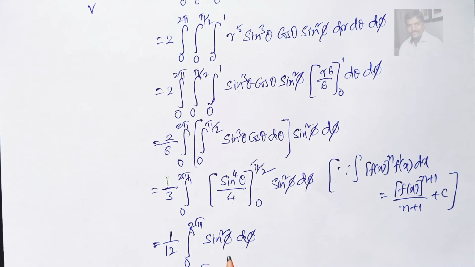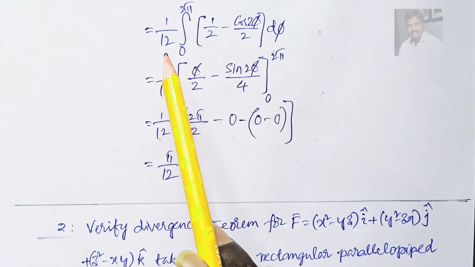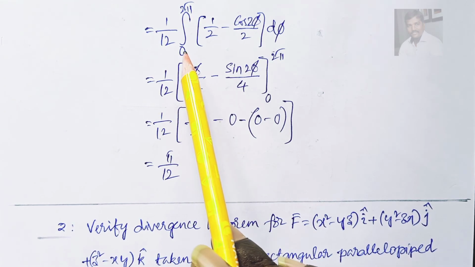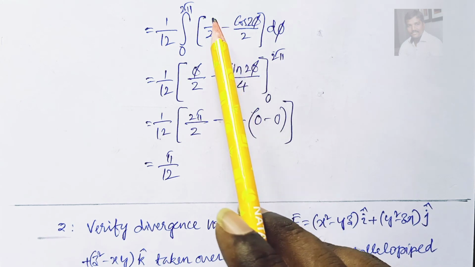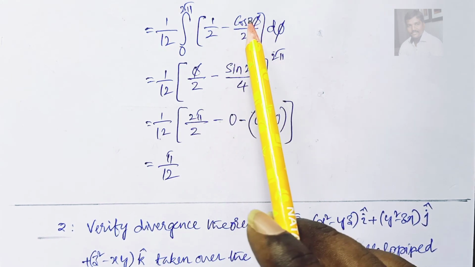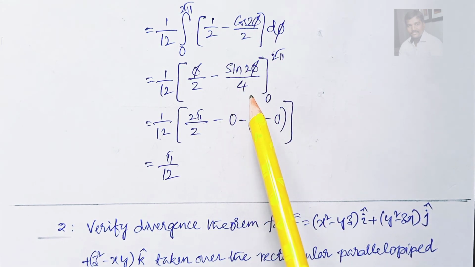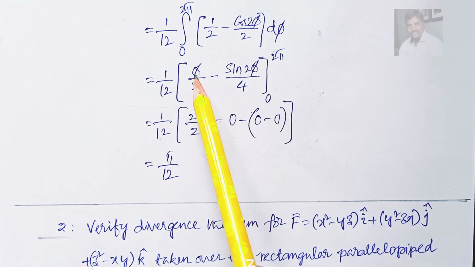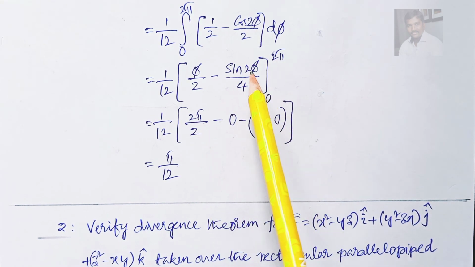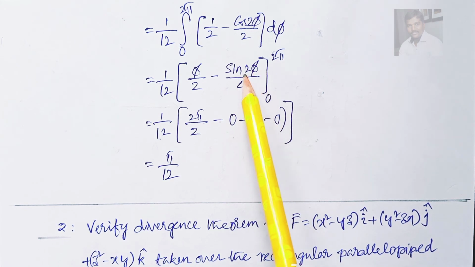So 1 by 12, sin square phi can be written as 1 minus cos 2 phi whole by 2 d phi. 1 by 12 integral 0 to 2 pi of 1 by 2 minus cos 2 phi by 2 d phi. That is phi by 2 minus the integral of cos 2 phi, which is sin 2 phi by 4, from 0 to 2 pi. Now we can take the upper limit here, 2 pi, sin 2 pi times 2, that's sin 4 pi.